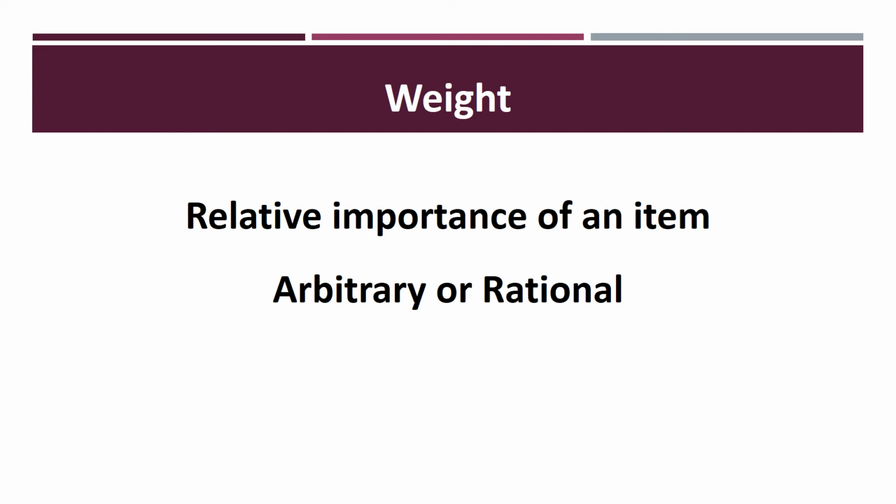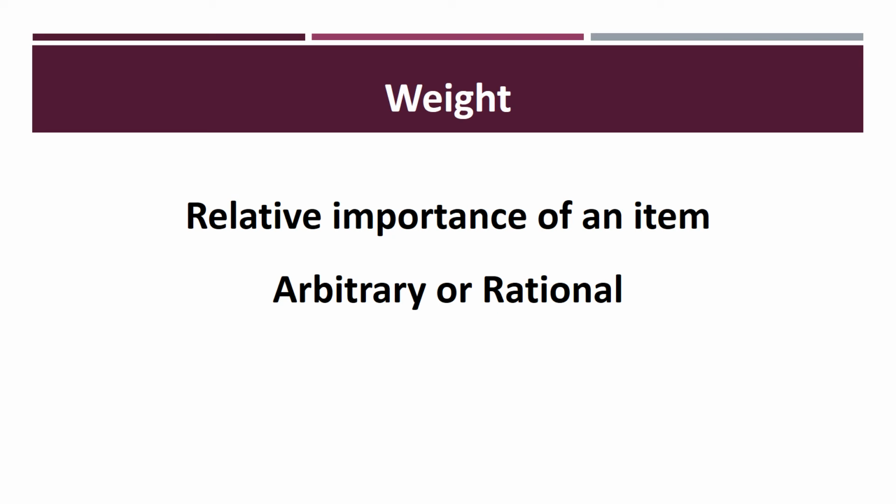Then we must know what is a weight. It is actually the relative importance of an item. The system of giving weight may be either arbitrary or rational. In the case of arbitrary weighting, the statistician is free to assign weights to different items as he thinks reasonable. He can give weights according to his thoughts or what he feels as justifiable.